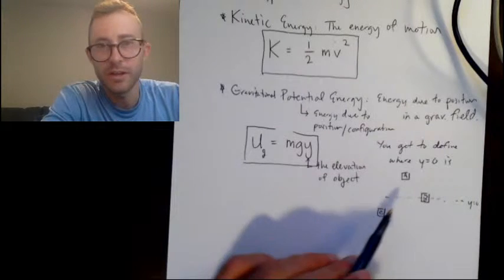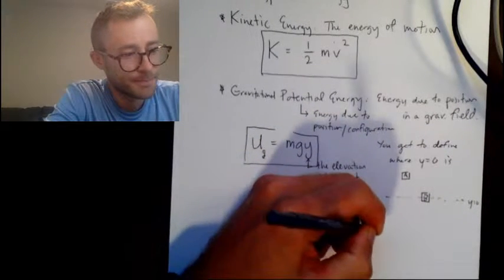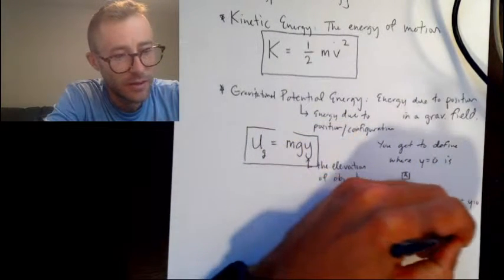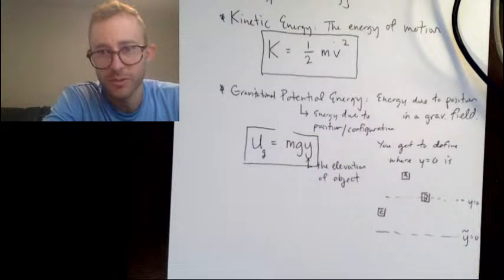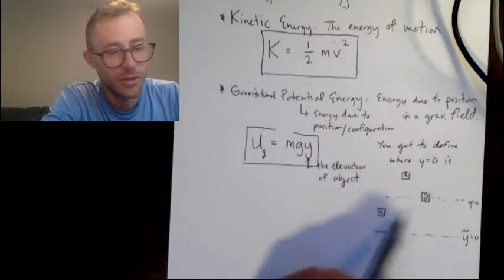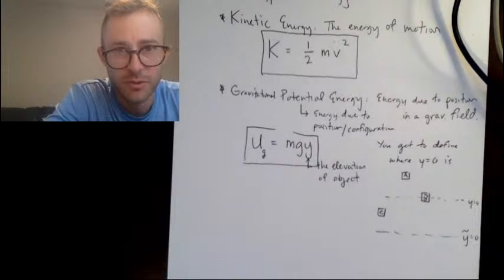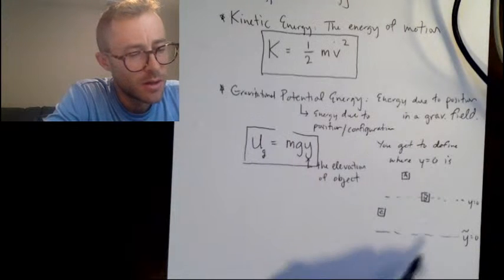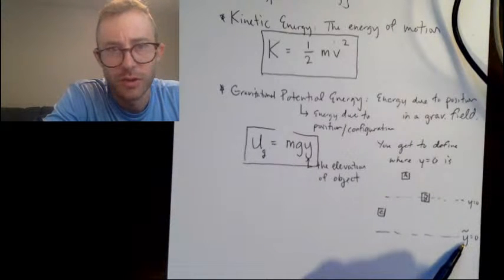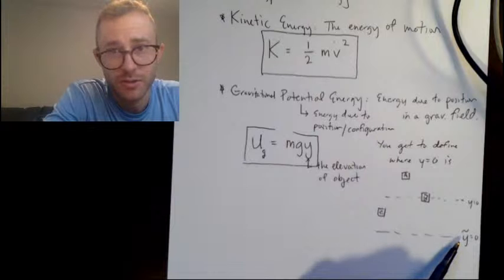However, what if I redefined y equals 0? And now what if I said this is y equals 0? I'll call it y squiggle equals 0. In that case, all three of them are above y equals 0, so they all have positive gravitational potential energy.